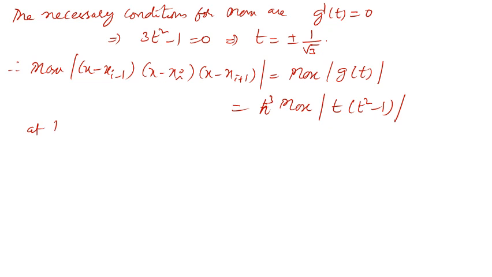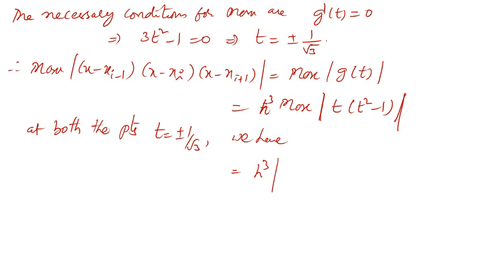So at both the points, t equal to plus or minus 1 by root 3, we have h cube into, since the modulus is there, 1 by 3 minus 1 times 1 by root 3. So this is 2 h cube by 3 root 3. For both the points we are getting this value, right?